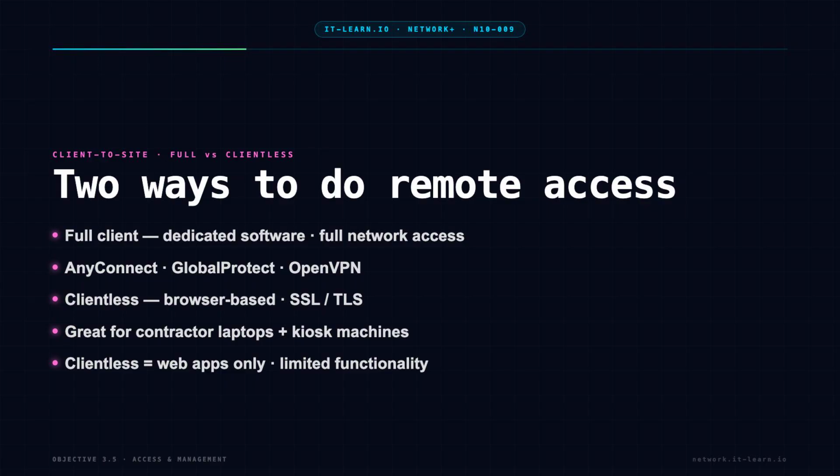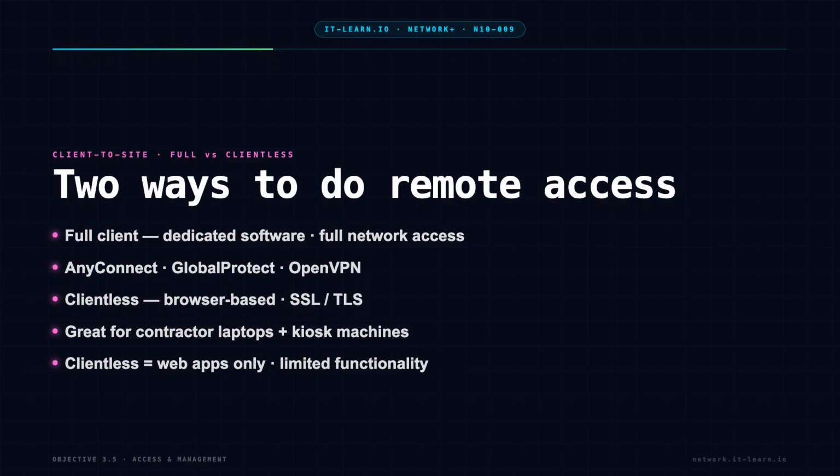You navigate to a portal, log in, and access resources right through the browser. SSL or TLS handles the encryption. It's great when you're on a machine you don't own, a contractor's laptop, a kiosk in a hotel, and you can't install software. Downside: limited functionality. Most clientless VPNs only expose web apps, not full network access.